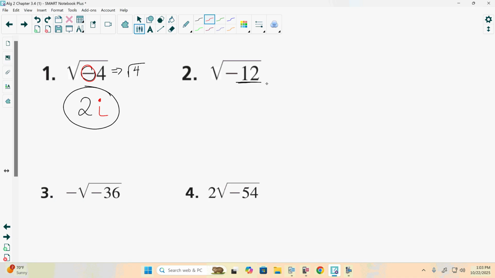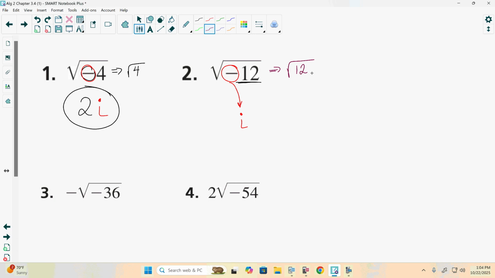But what we can do is that we do know this negative is going to come out as i. And what that leaves us with inside the radical is the square root of 12. At this point here, we can simplify it.